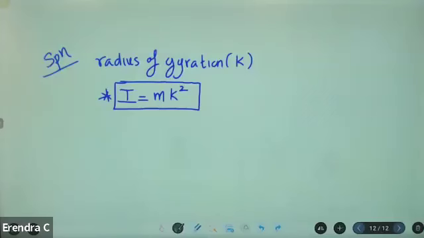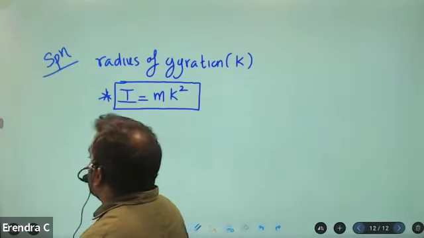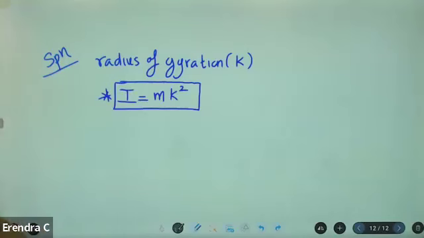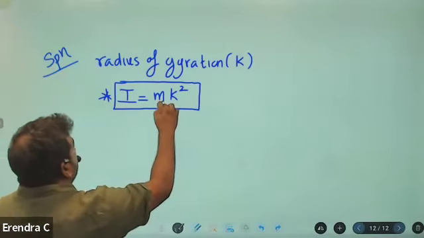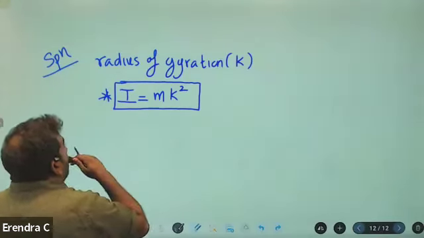Let the mass of the object be m, and the radius of gyration be capital K. We can directly find the moment of inertia as indicated below.